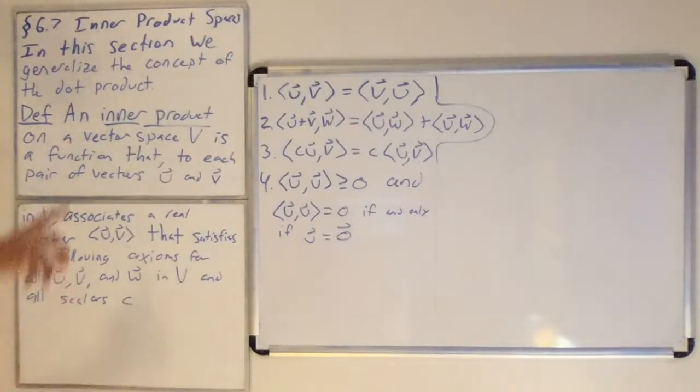A vector space that's equipped with an inner product is called an inner product space.